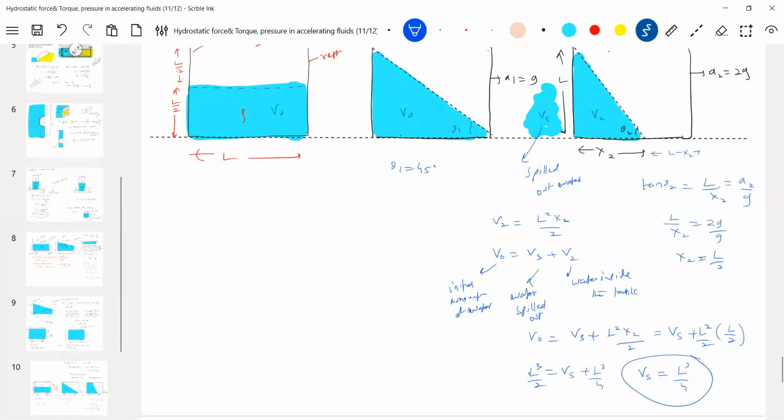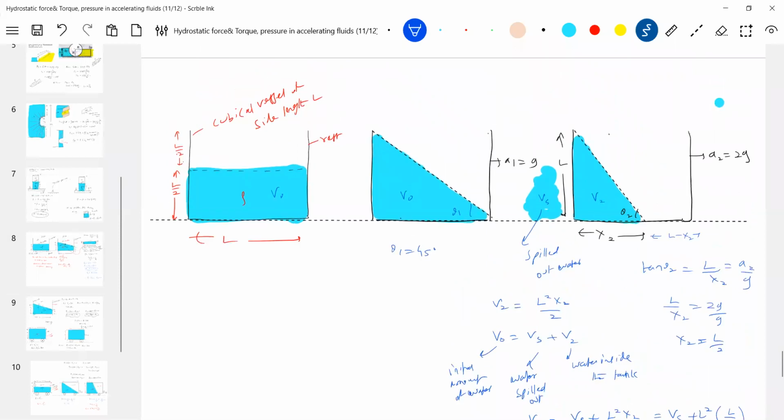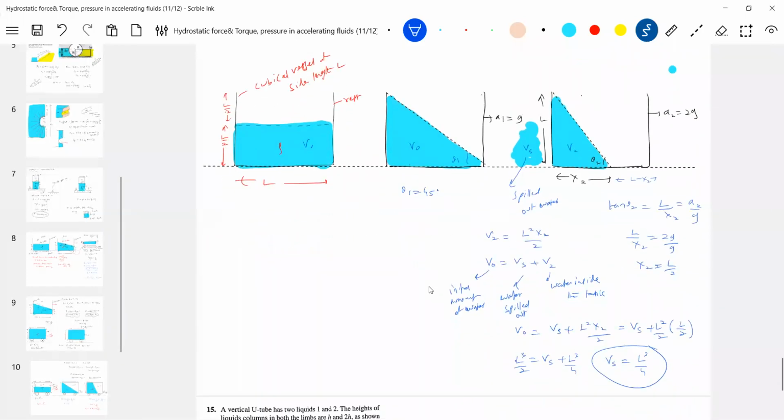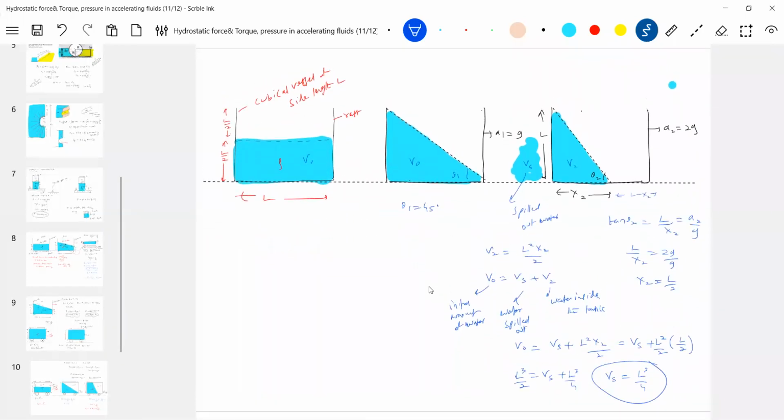Instead of A2, what if I make it 3G by 2? Then in that way you can calculate. So like this, we can calculate the spilled out volume. If I give the spilled out volume, what will you do? The reverse way, as you have some questions in books in the reverse way. If I give the spilled out volume, you substitute here Vs, V0, and L square, so you'll get x2.